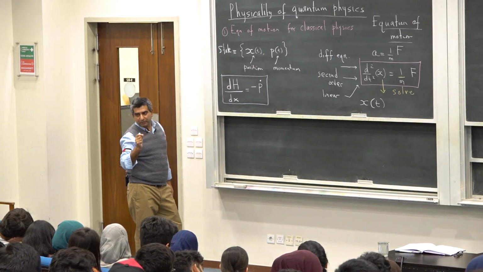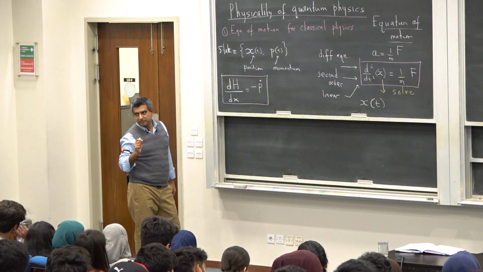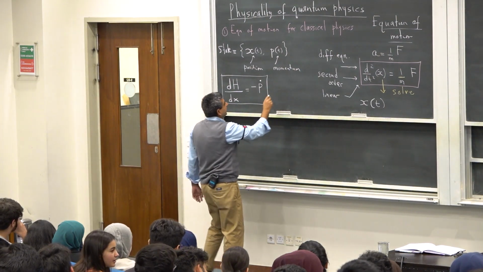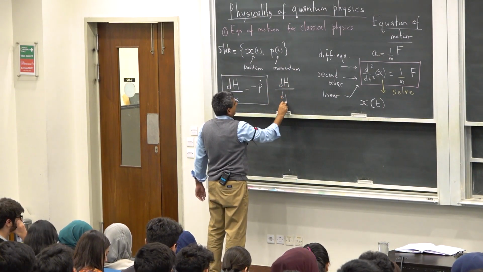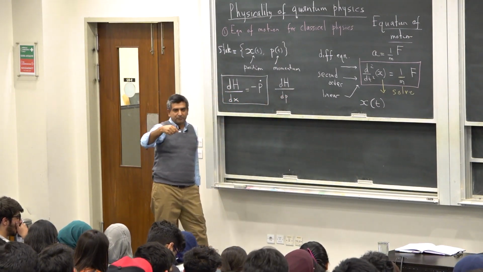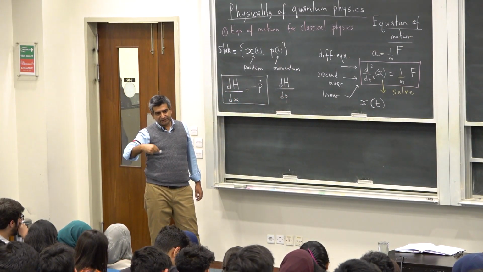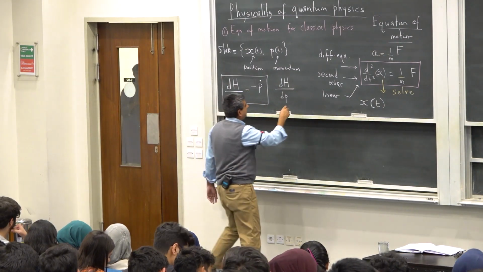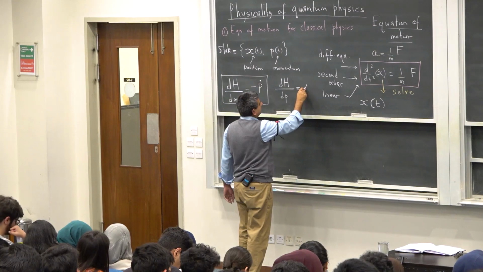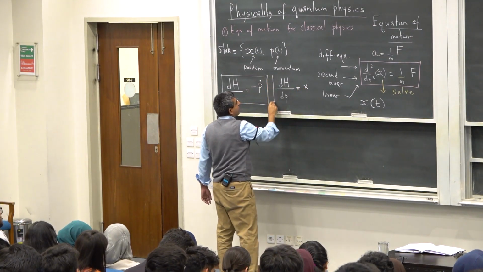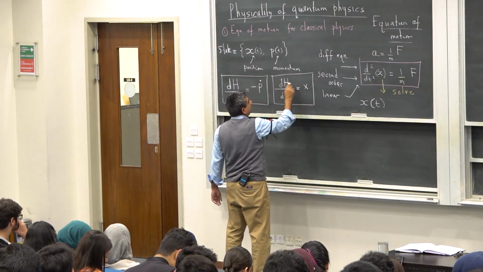I'm going to describe what h means. The second equation is dh dp, the derivative of h, whatever h is, with respect to momentum, is x dot.